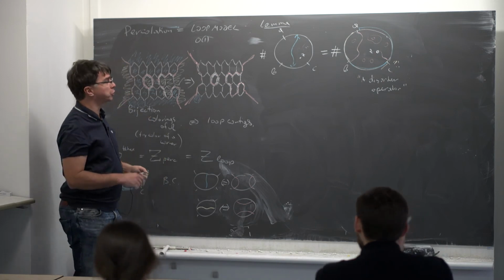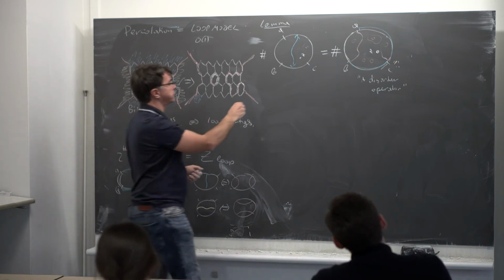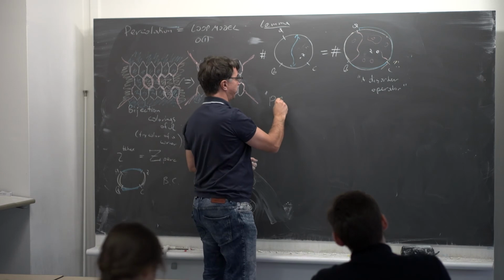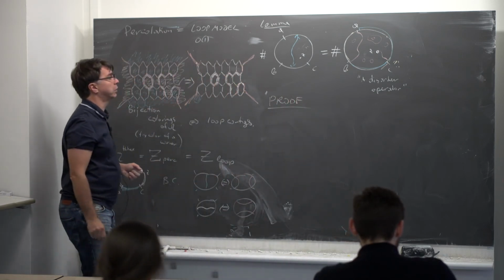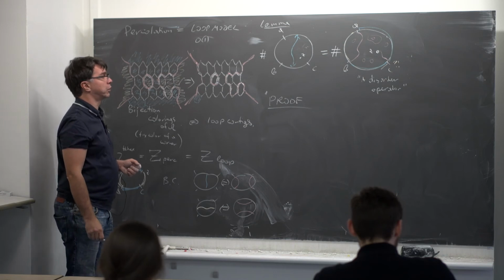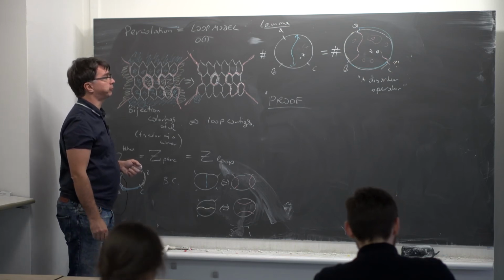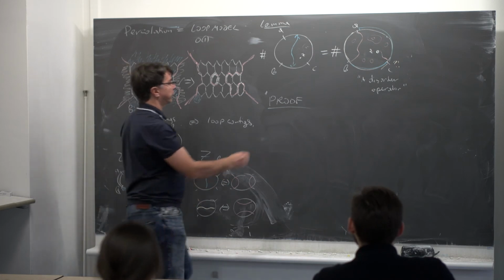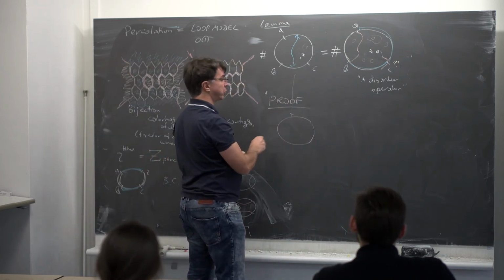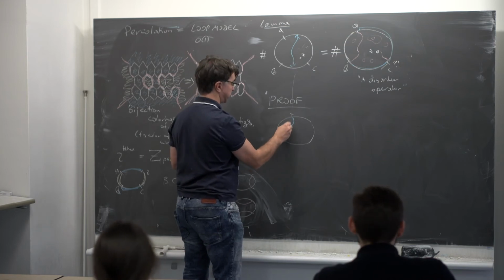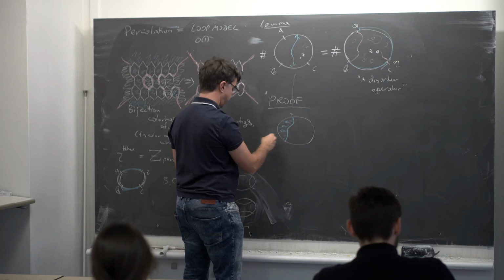I'm not sure I want to prove this lemma, but I will just give you an idea of the proof. So what you do, you take the leftmost possible crossing. So it depends only on the area below.